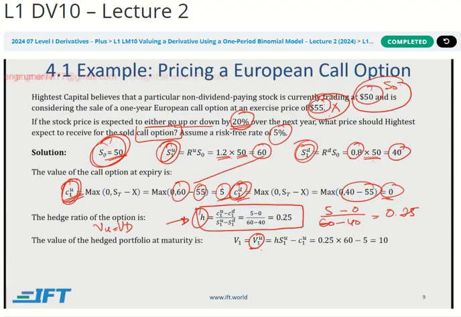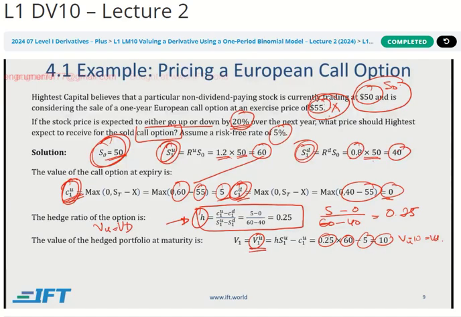So in this example, we've calculated the value of up, which is, if it goes up, it will go up to 60 multiplied by the hedge ratio of 0.25 minus the value of the option if it goes up, which is C up is 5 and the value of up is 10. And you can even calculate the value of down and it will also be equal to 10 for sure.